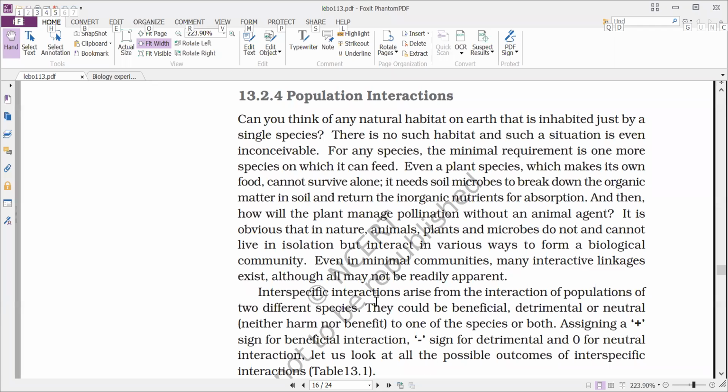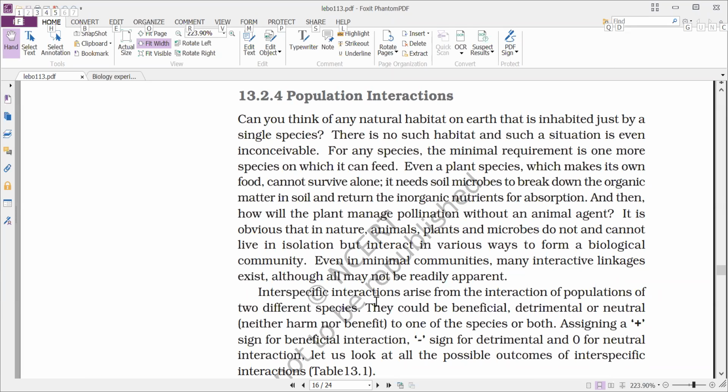So it is obvious that in nature, animals, plants, and microbes do not and cannot live in isolation, but interact in various ways to form a biological community.